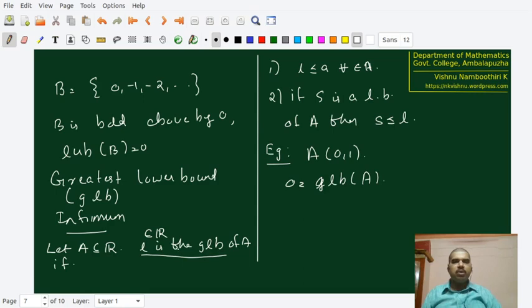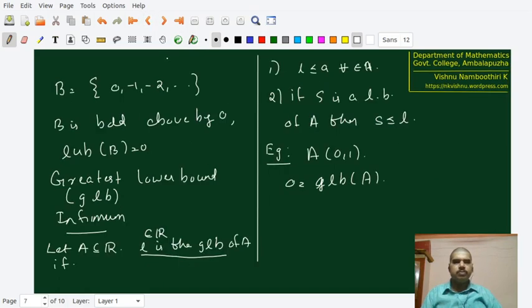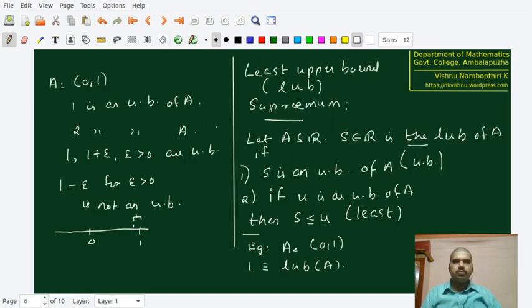Therefore, we are not insisting on L to be an element of A. And in the case of LUB also, S belongs to R, we have clearly taken here. So S belongs to R is the LUB provided that it satisfies two conditions. We are not insisting that S has to be a member of A. So supremum need not be a member of A.